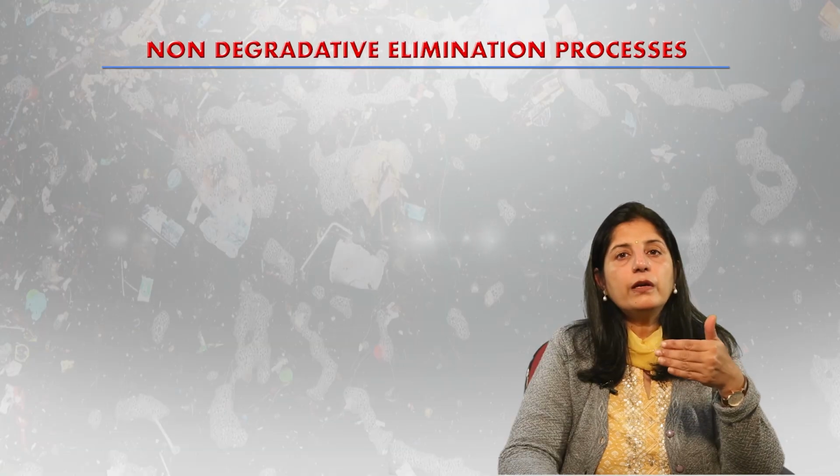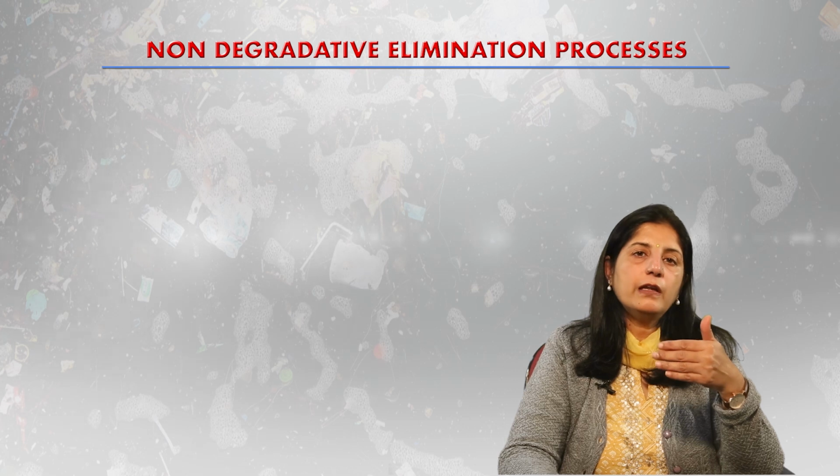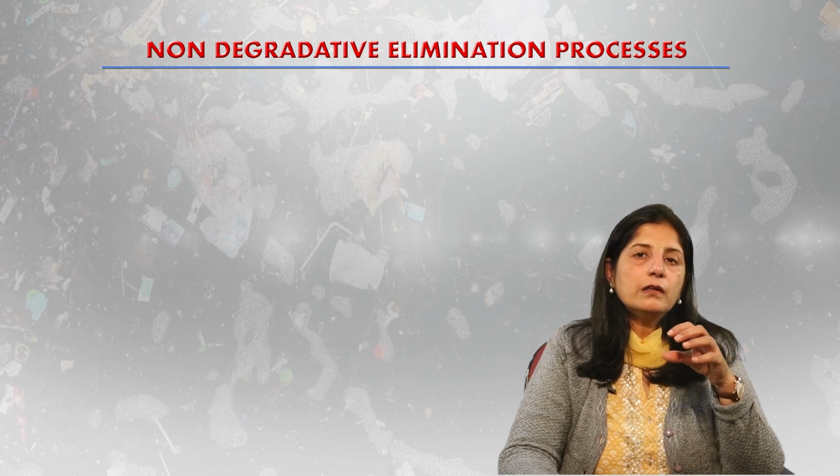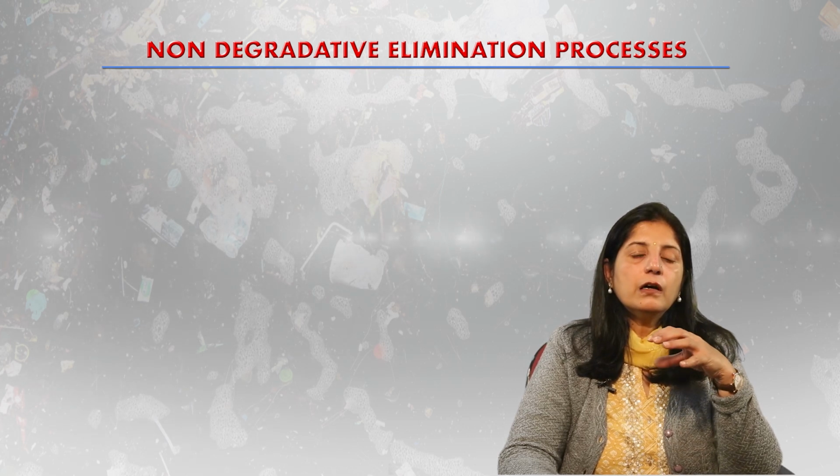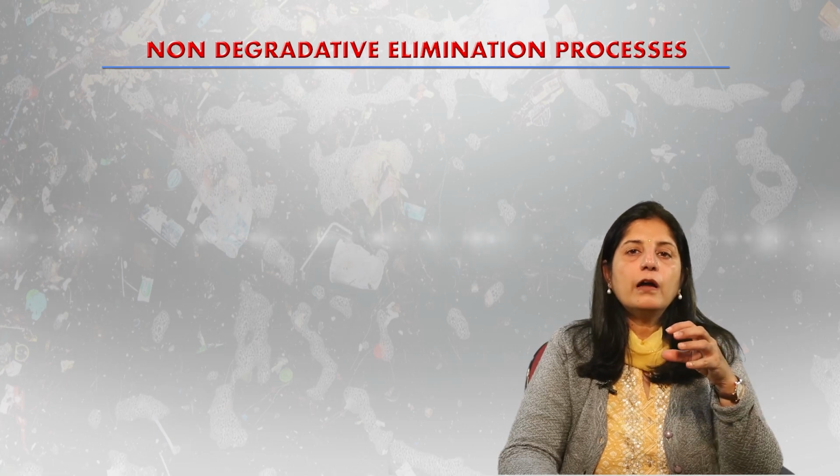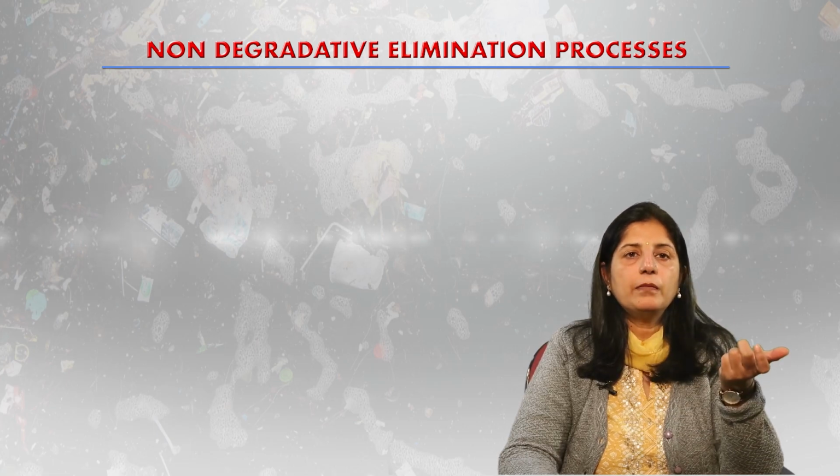Now, we are talking about degradation, and we said that degradation could be biodegradation or it can be non-biodegradation. So, what are these non-degradative elimination processes? These are the processes occurring in nature where natural processes are redistributing the pollutants in some way.